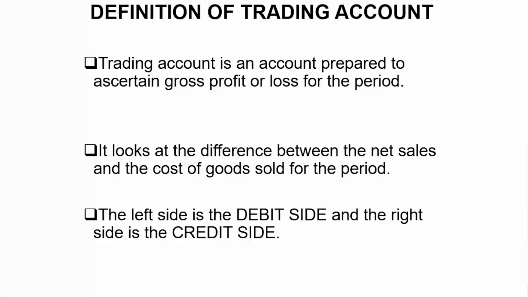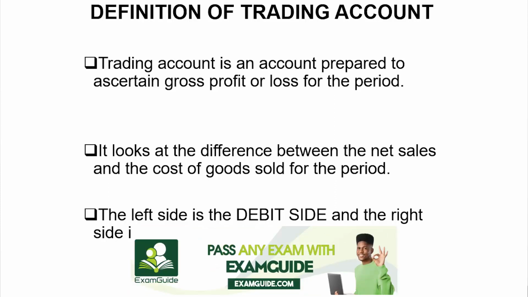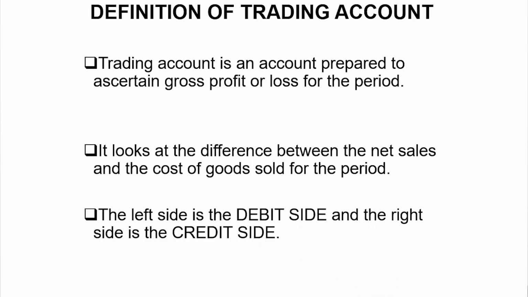process. Because on a trading account, there are transactions, like I said earlier, that will determine whether you are making progress or you are not making progress. So what you should do is that in trading account, for you to determine your gross profit, you look at the difference between your net sales and the cost of goods sold for the period.